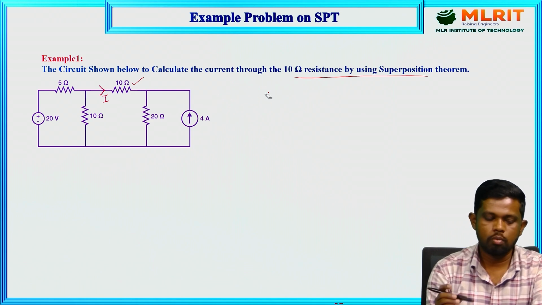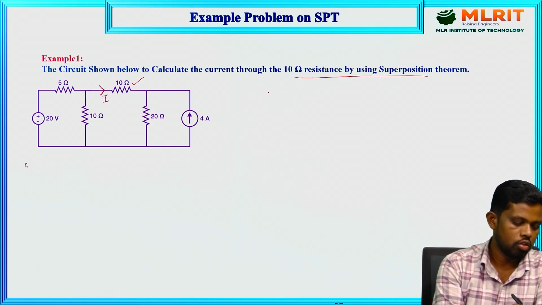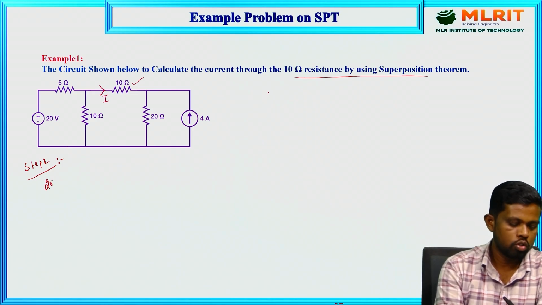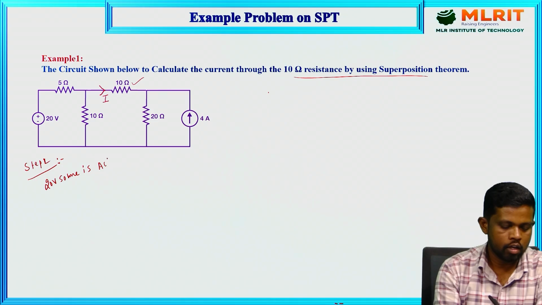Now the first step: the 20 volt voltage source is acting alone, as in the previous session.